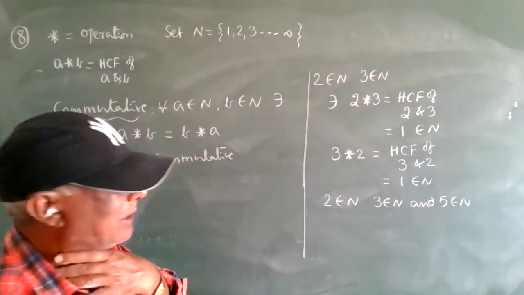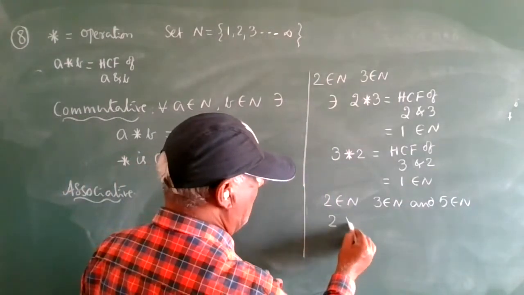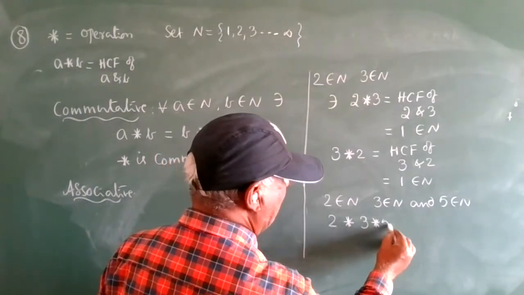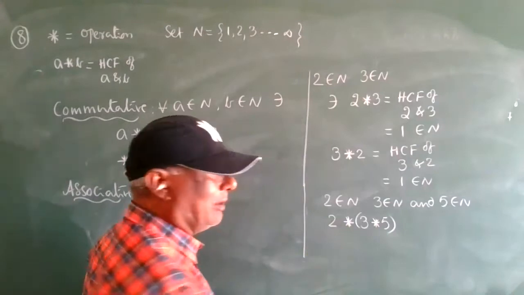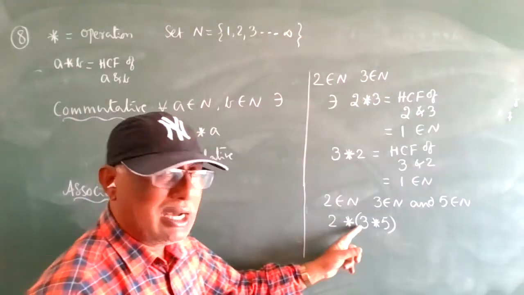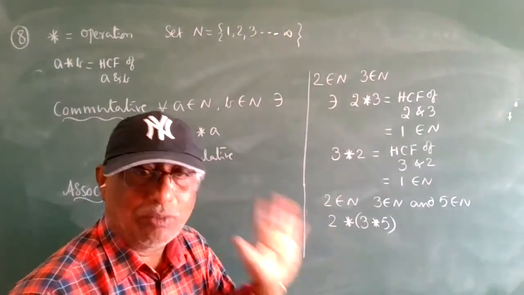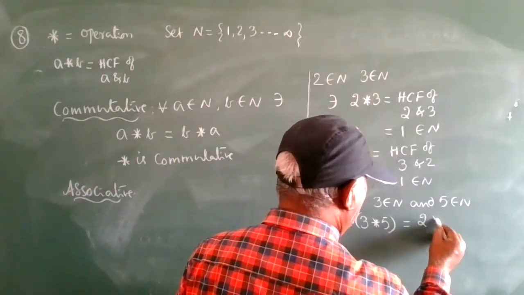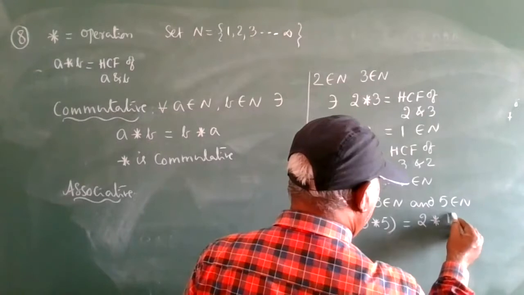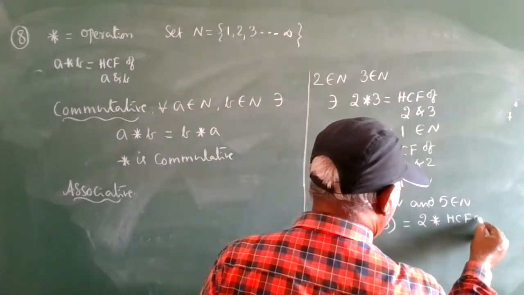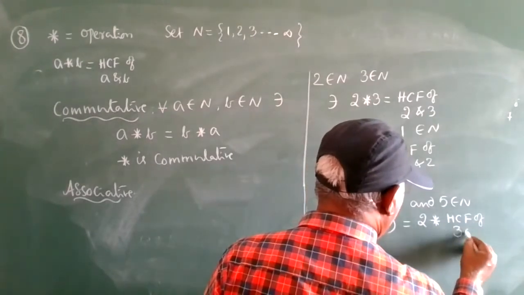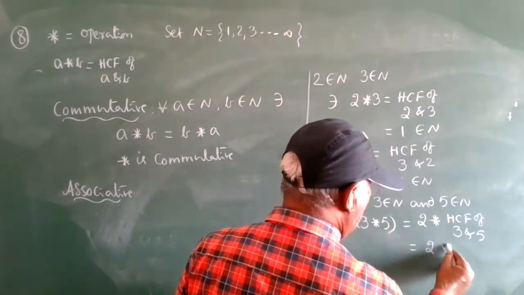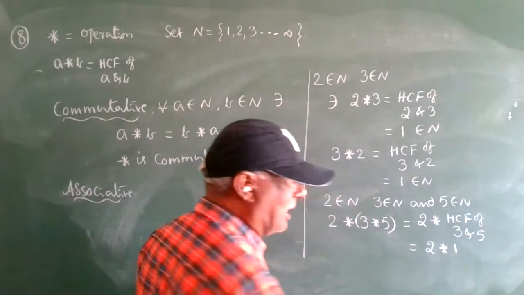Here, 2 star (3 star 5). We can see the HCF of 3 and 5 is 1. So 2 star 1.